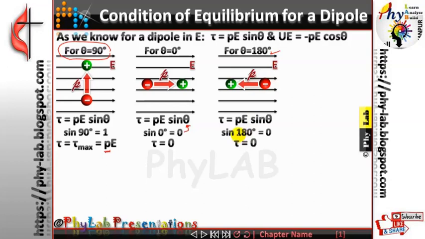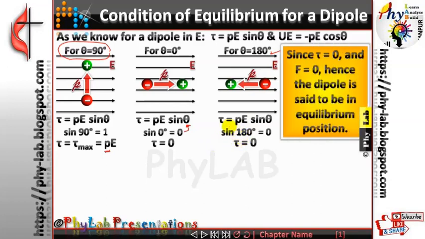Now if torque is 0, then the dipole comes under rotational equilibrium. So here, since torque is 0 in both situations, I can say that the dipole is in rotational equilibrium. It can't rotate.